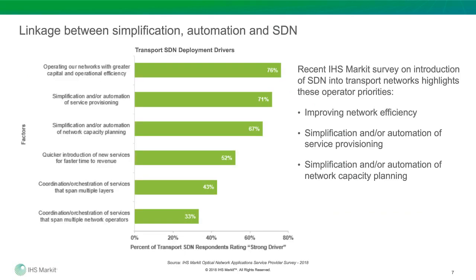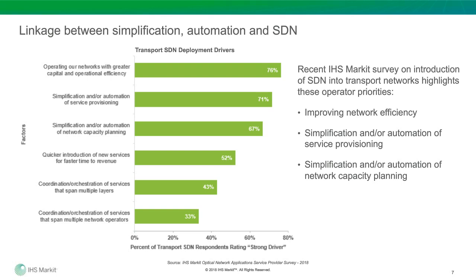So let's have a look at the linkage between simplification, automation, and software-defined networking. Here in this chart, I've got some results from a recent survey conducted by IHS Markit, where we asked service providers what they saw as the key drivers for SDN in transport networks.